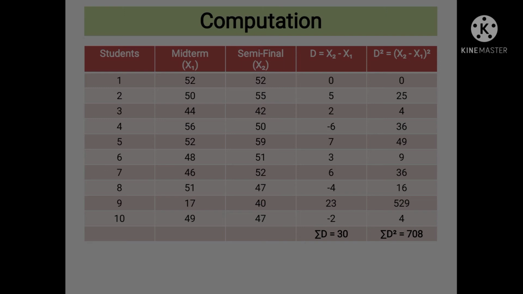Then D is equal to the semifinal minus the midterm scores. The summation of D is equal to 30. D squared is equal to (x sub 2 minus x sub 1) squared, and the summation of D squared is 708.